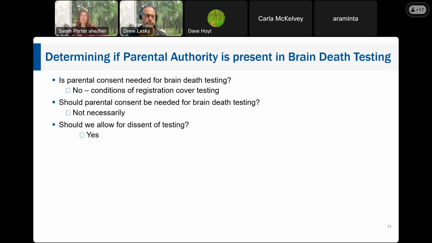And I think we're going to say that we don't need consent for testing, right? That we're not going to ask parents whether it's okay for us to move forward with brain death tests. We don't need it, right? It's part of the condition of registration.